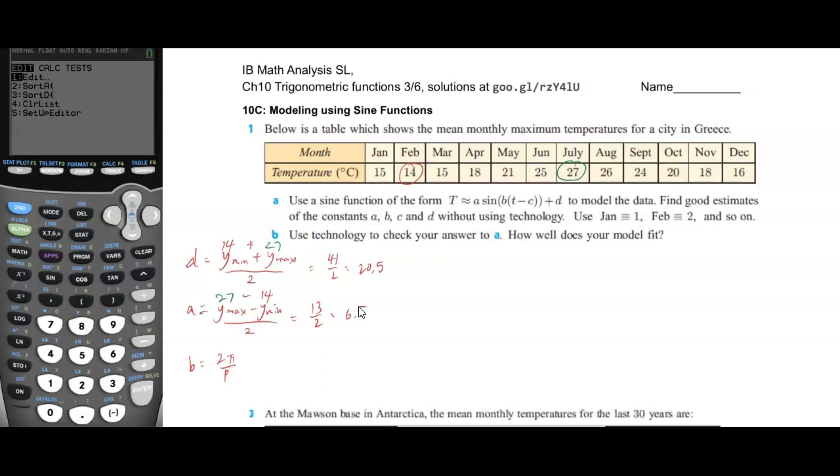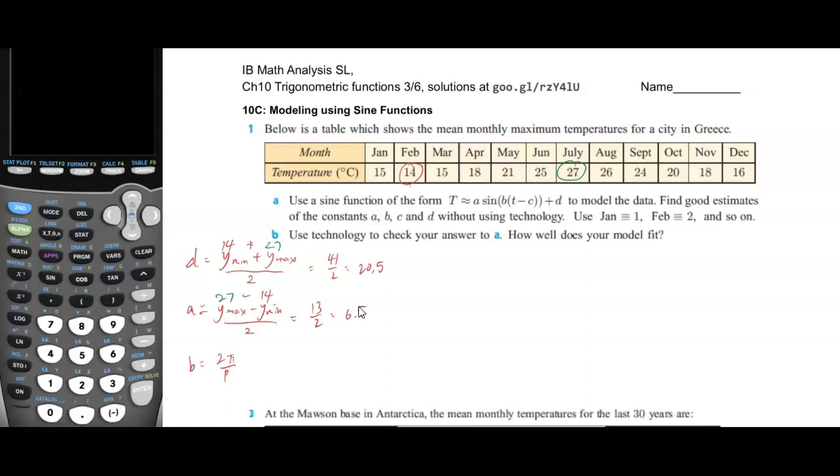And the B value is related to the period. There's two ways you could do the period here. One is you could check the distance between the minimum and maximum and then double it, right? Because the distance between the minimum and maximum is half of a period, right? If it was the whole period, it would start from the far left to the far right. 1, 2, 3, 4, 5.